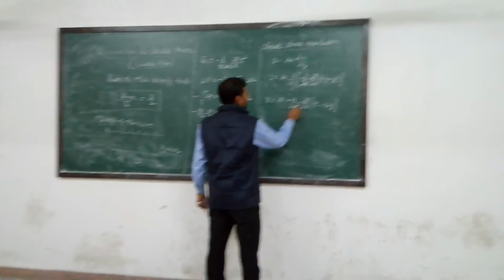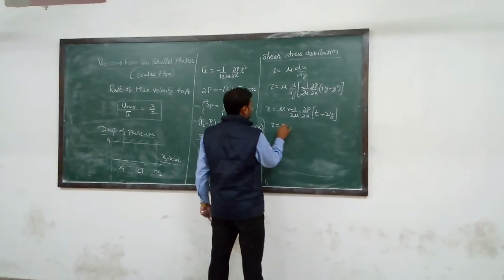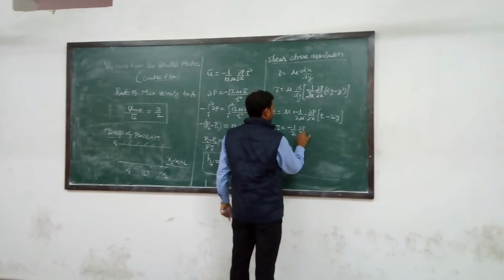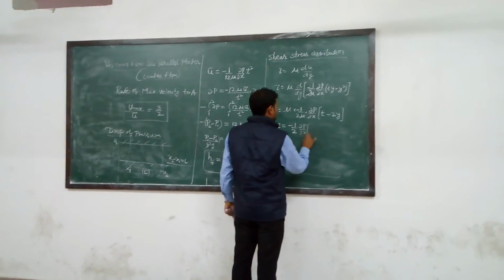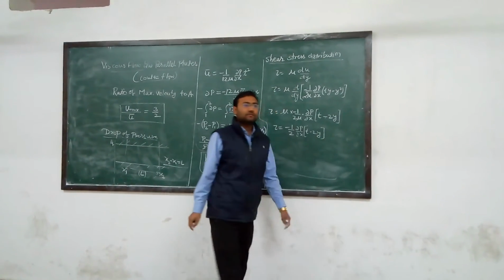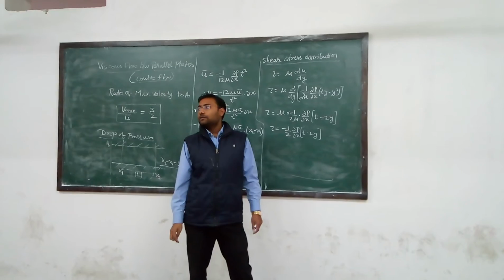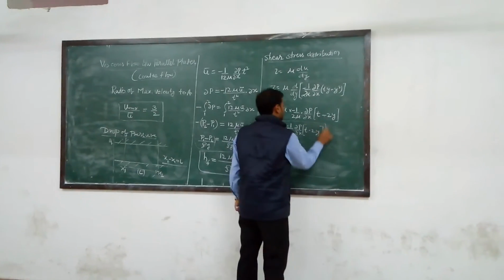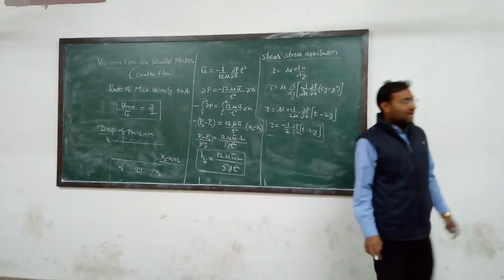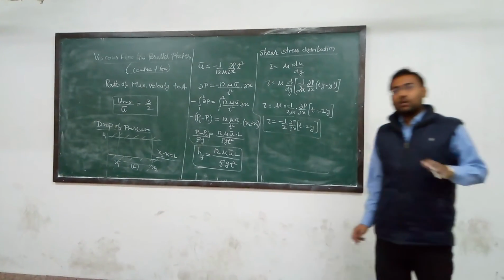So mu and mu get cancelled out. Tau is equal to minus 1 by 2 del p by del x into T minus 2y. This is the value of shear stress at y.